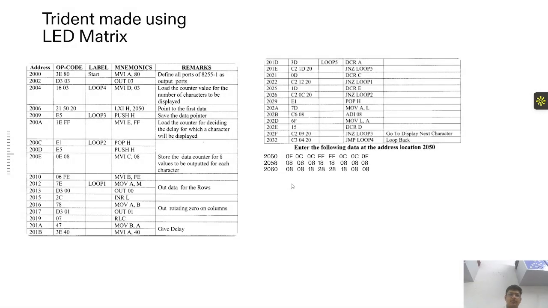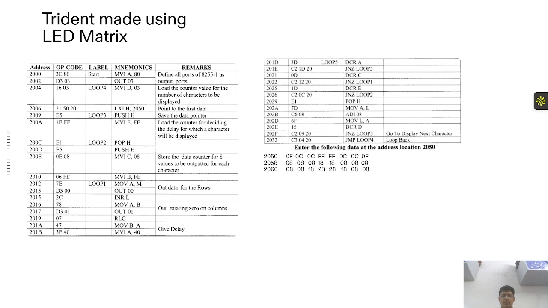As a part of the innovation, I have made a Trident using this LED matrix in the 8085 microprocessor. Basically, the basic code remains the same. Only what I have changed is the loop pattern and the occurrences, and also the data at the data addresses.